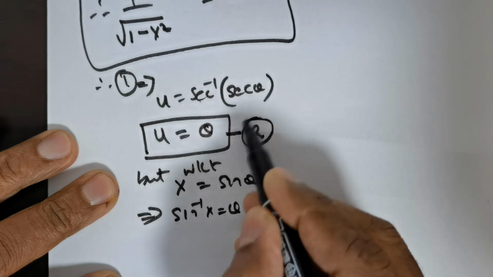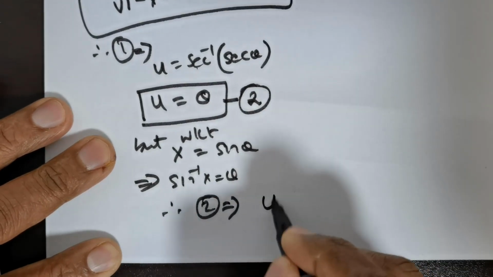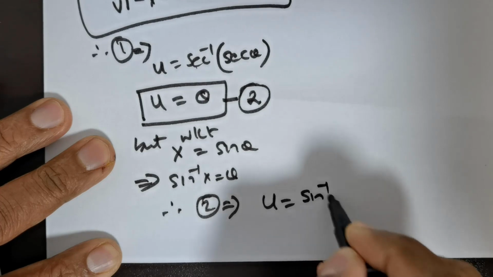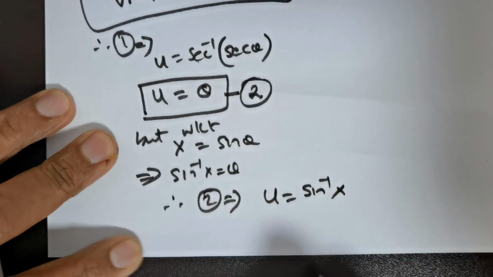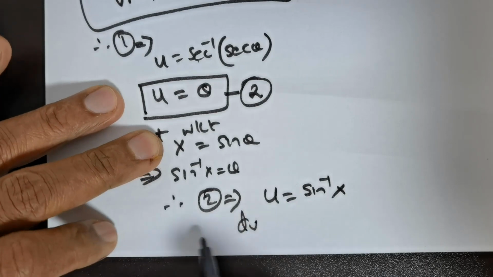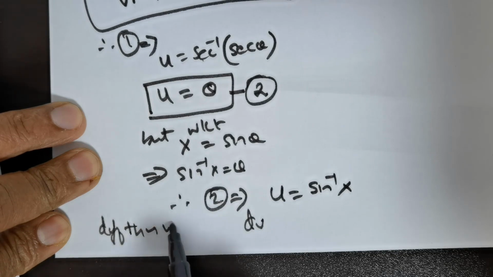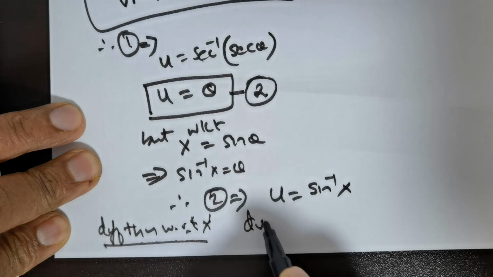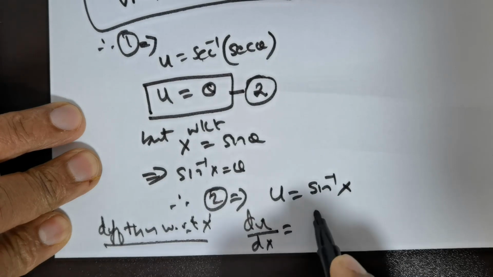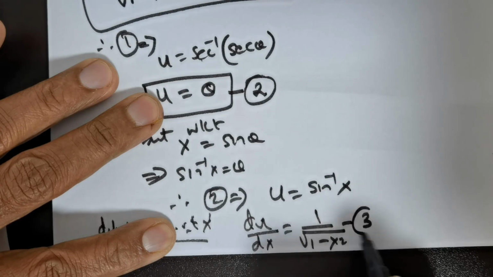If I take this as 2, I can rewrite 2 as u is equal to sine inverse of x. Now u is equal to sine inverse of x. Find du over dx, differentiating this with respect to x we get du over dx is equal to 1 over root of 1 negative x squared. I'm going to take this as 3.